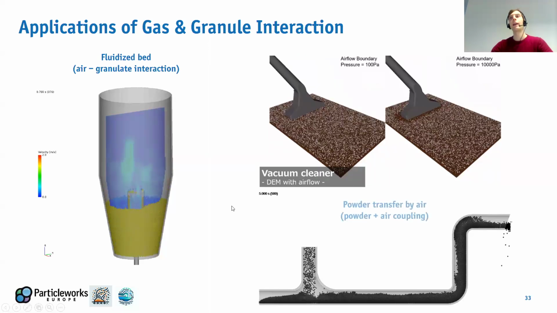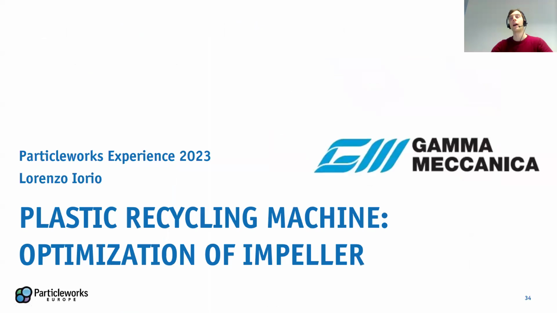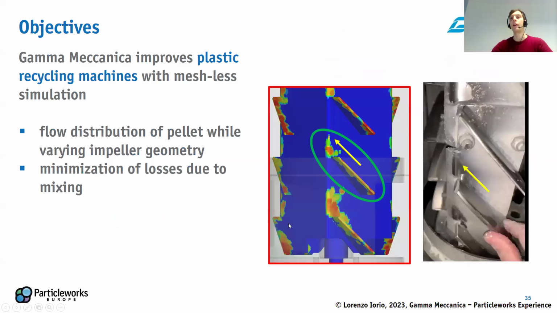I want to mention one industrial example of this approach that was discussed at Particleworks Experience last year, so at our conference last year, by Lorenzo Iorio from Gamma Meccanica. And this application is in the plastic recycling sector. So basically, they wanted to improve the impeller of this, let's say, plastic separator.